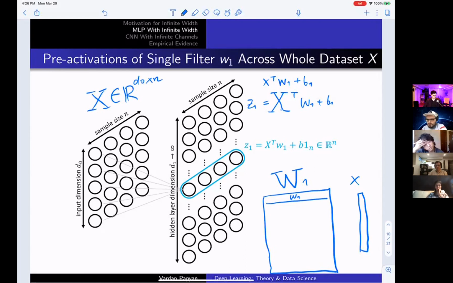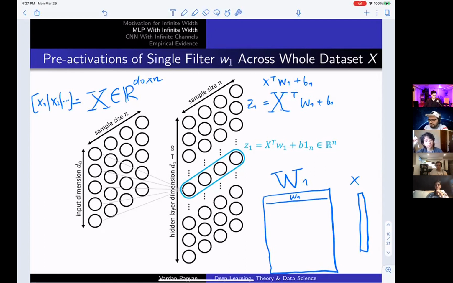Okay, so it would be something like X1, the first example in the data set, X2, right? Now, imagine that we multiply this X matrix by a single row from the first fully connected layer.